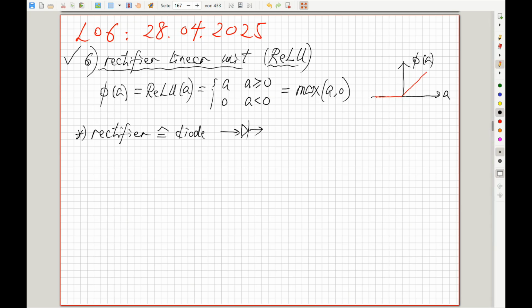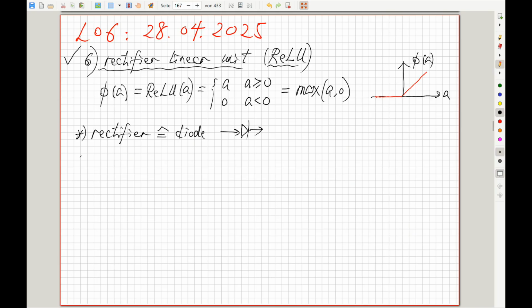This is an electronic device. If you apply a positive voltage at the input, this positive voltage appears one-to-one without any change at the output side. If you apply a negative voltage, the negative voltage is completely blocked, and the output is equal to 0. So that's actually the so-called rectifier. This is a very simple electronic realization of a rectifier.